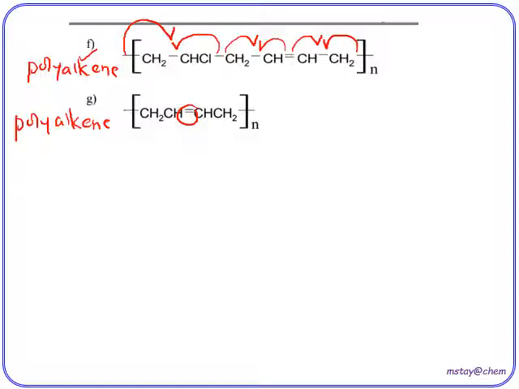Okay, now it is time for us to redraw the structure more properly. Basically, if you can see two single-headed or half-headed arrows meet together, it means there will be one double bond over here. So the structure F will be CH2 double bond CHCl.